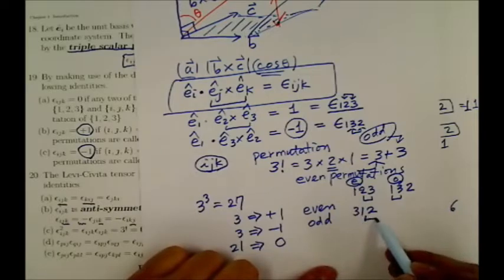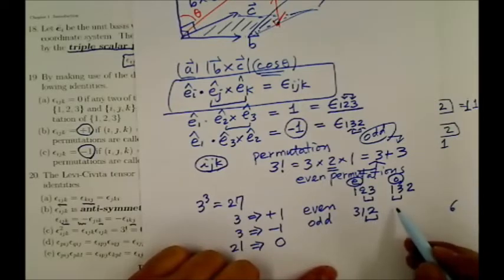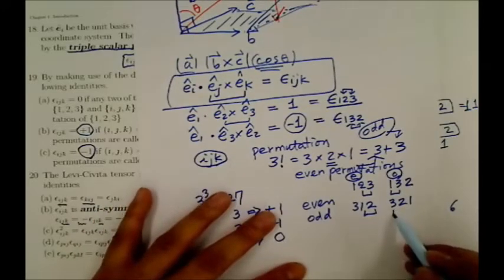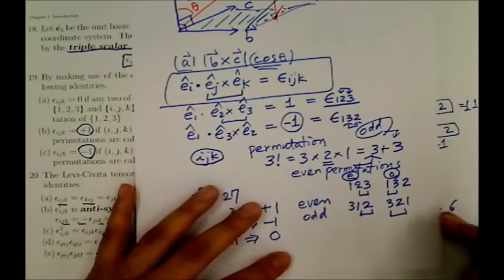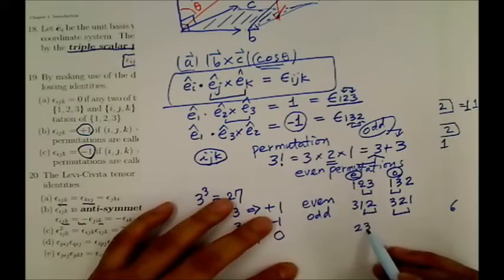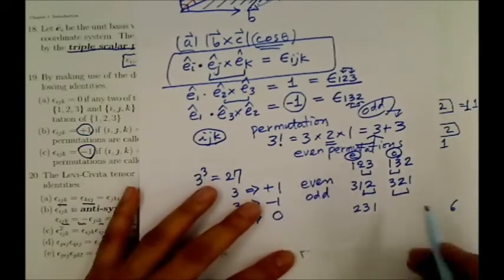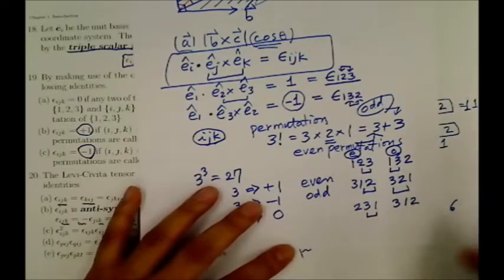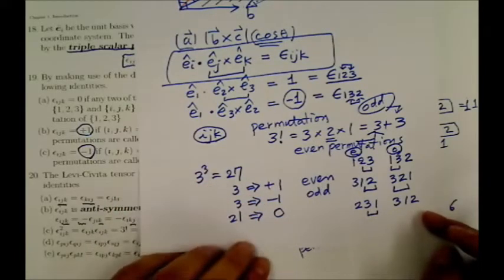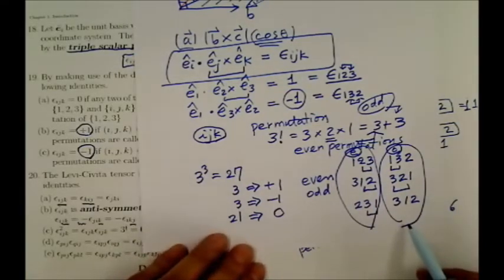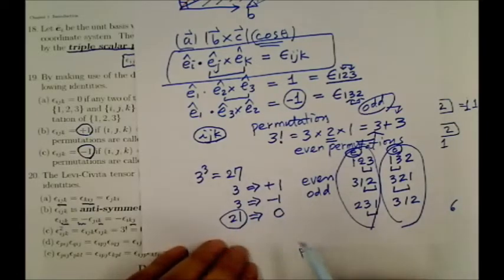And then we replace this order, and from even I have an odd permutation, 3, 2, 1. Then replacing the first two elements, I would get an even permutation, 2, 3, 1. Finally, I can exchange these two numbers to obtain 2, 1, 3 as the last entry of the odd permutations. These 3 cases are even permutations, these 3 cases are odd permutations, and the remaining 21 elements are all 0.